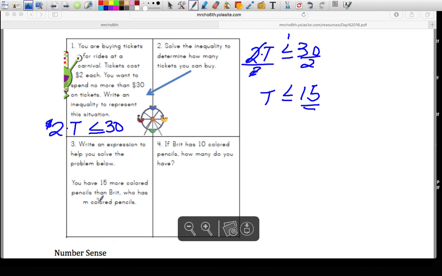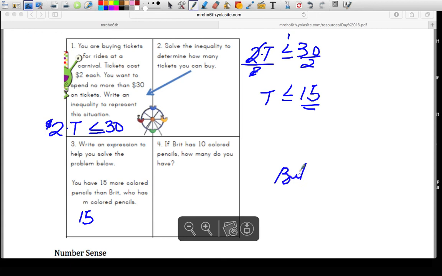Write an expression to help you solve that. I have 15 more colored pencils than Brit, who has M pencils. So let's write over here.